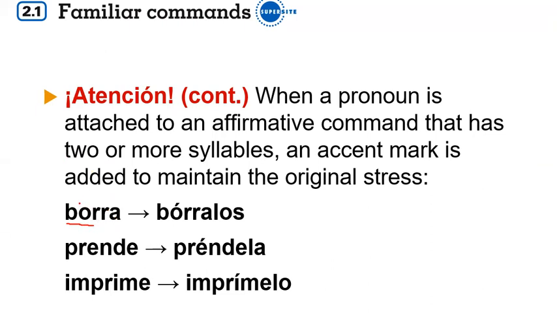So we don't need an accent mark here because that's the natural rule, but that's where it is stressed. Now, when I go over here, that's still the same syllable that's going to have the stress, but now instead of it being the second to last syllable, it is the third to last syllable. And since it breaks the natural rule of it being the second to last syllable, what I'm forced to do here is add an accent mark.